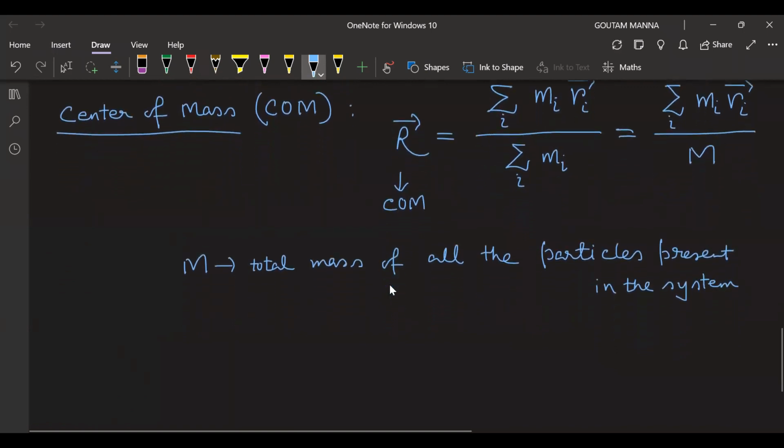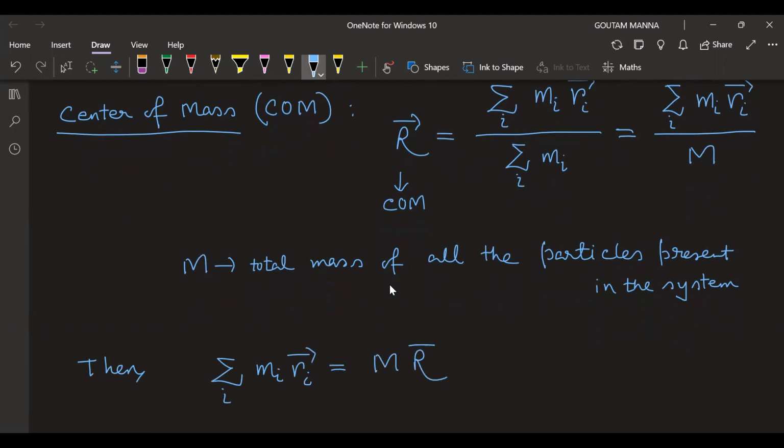Okay. Then we can write the sum over i of mi Ri, which is basically equal to the total mass times the center of mass.